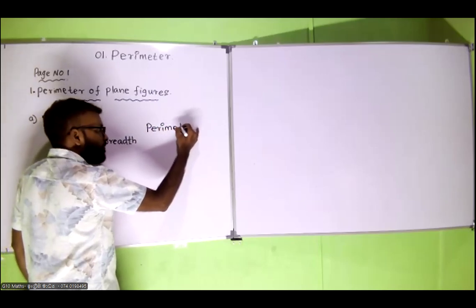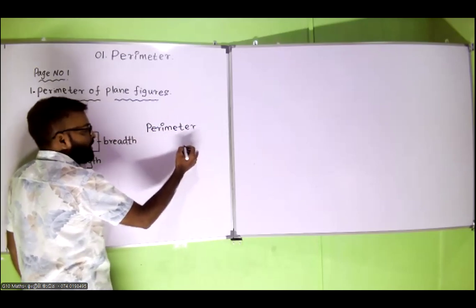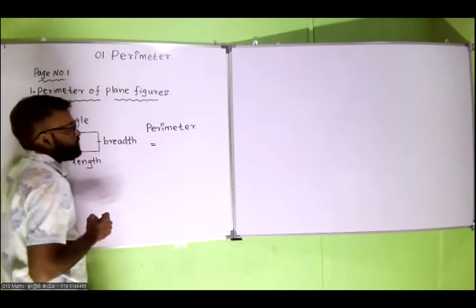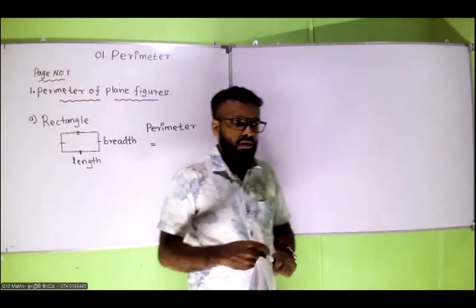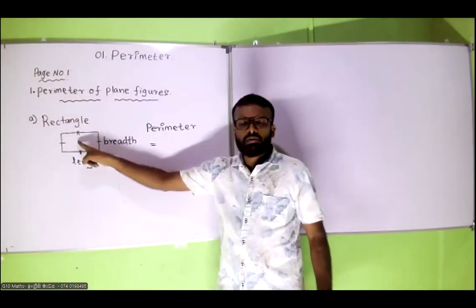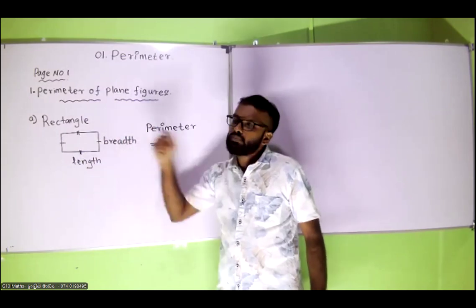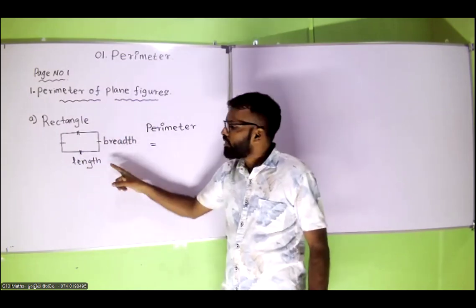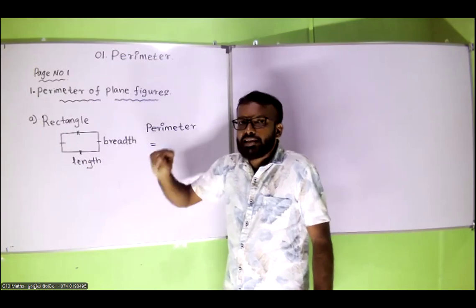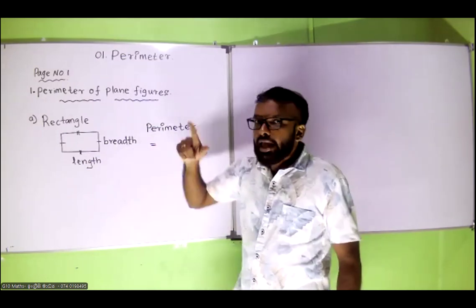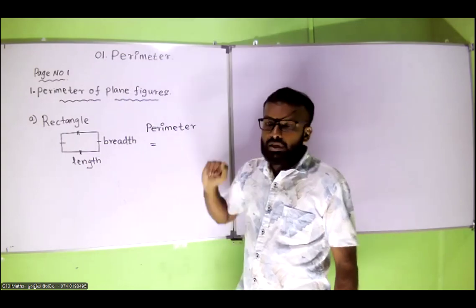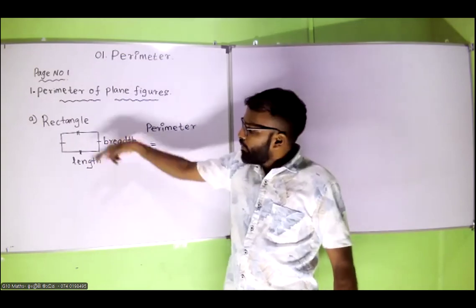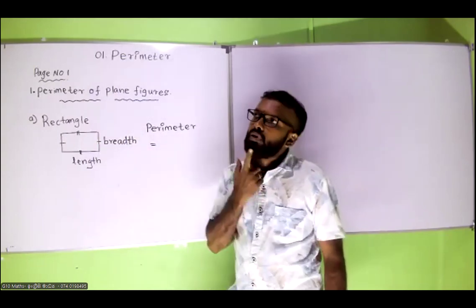You know it. Perimeter equals length plus length plus breadth plus breadth. Normally I would refer to length as L, breadth as B. So L plus L plus B plus B.